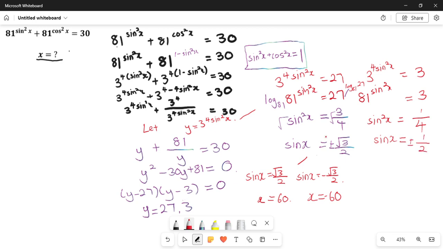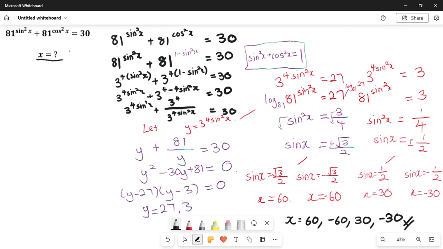So sine x equals 1/2, or sine x equals negative 1/2. You solve for it, you will know that x equals 30, or x equals negative 30. So therefore your final values of x are 60, negative 60, 30, and negative 30. So these are the four answers.